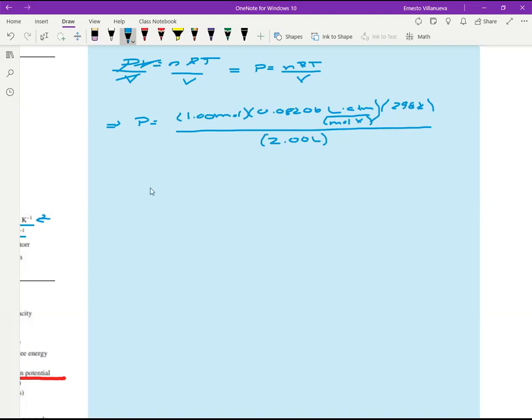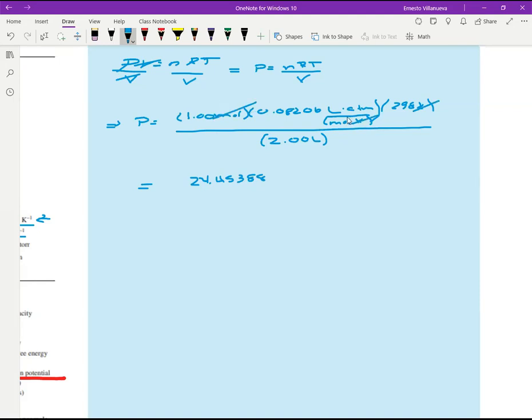So let's simplify. Let's multiply everything across the top. I have 1.00 times 0.08206 times 298. That gives me a total of 24.45388. Now look what happens. Kelvins are going to cancel here.